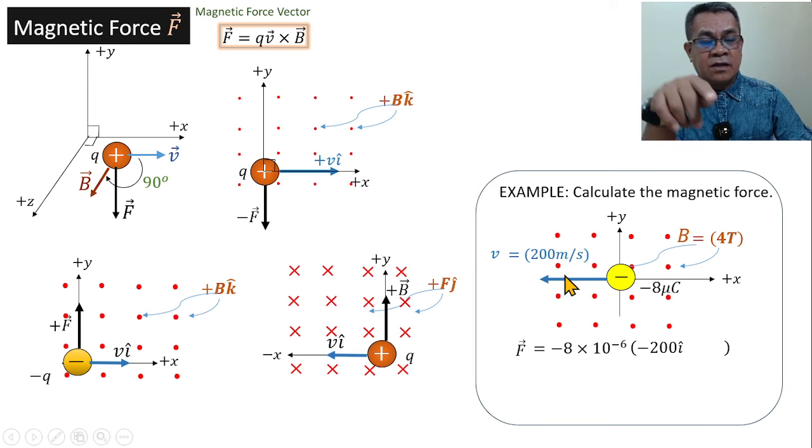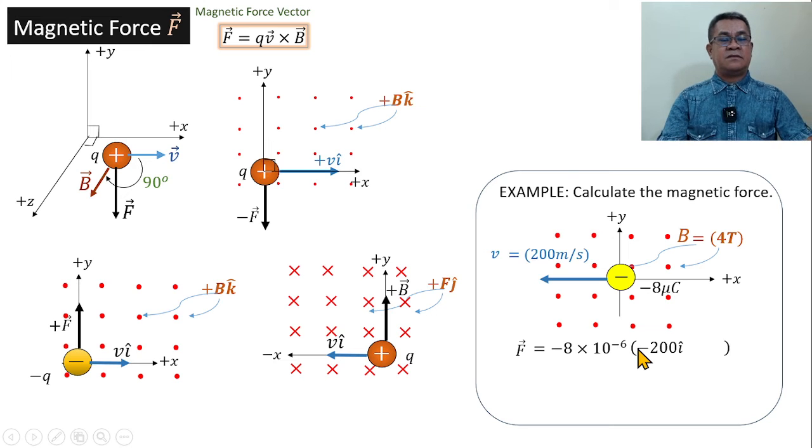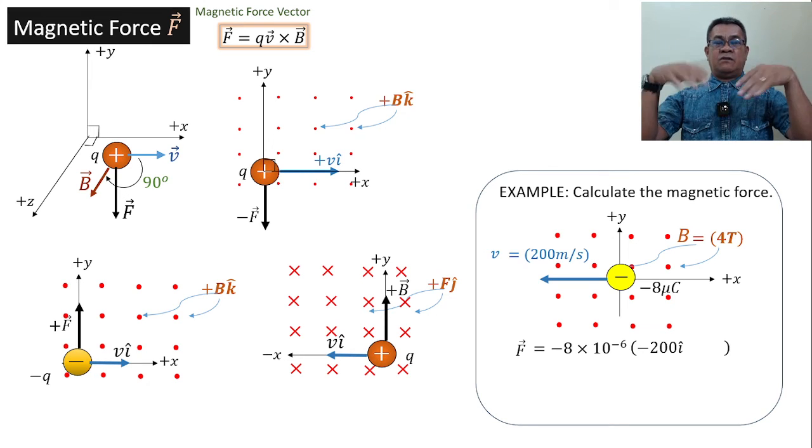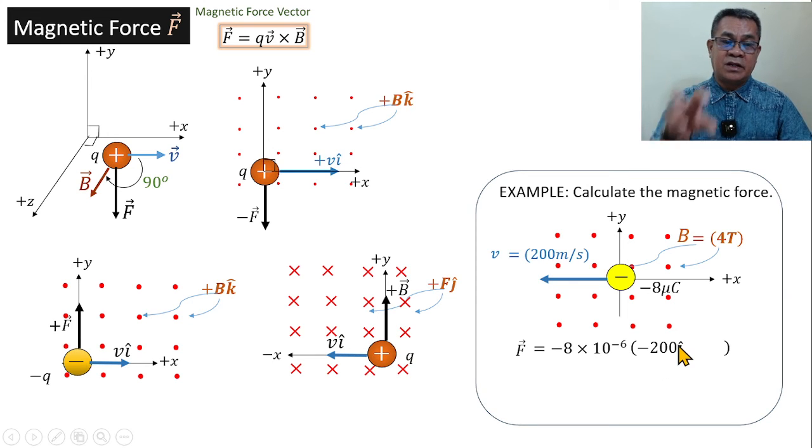Notice that the velocity direction is towards negative x, which means the magnitude of velocity is 200 and the direction is negative i hat. Remember, the magnitudes are always positive. The negative is the negative direction of i, meaning you multiply the 200 magnitude by the unit vector, negative i hat. So this becomes negative 200 i hat.